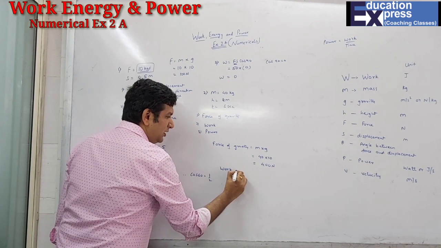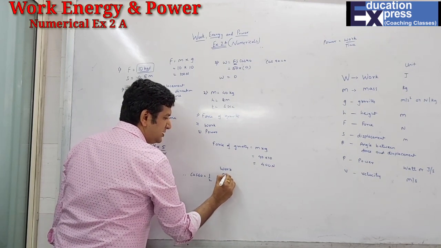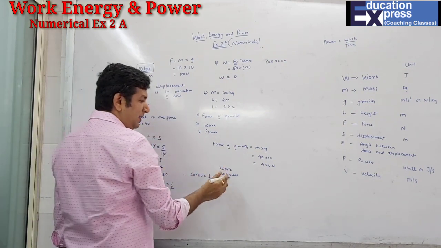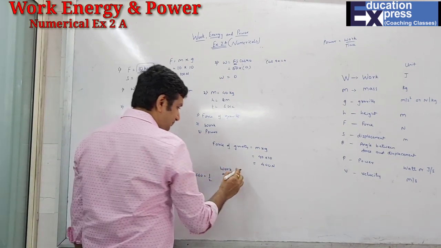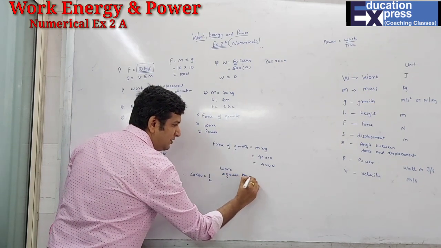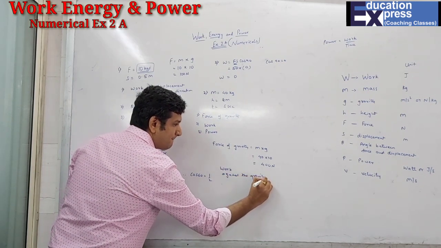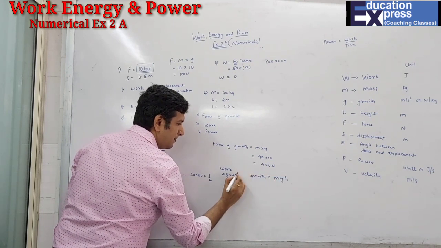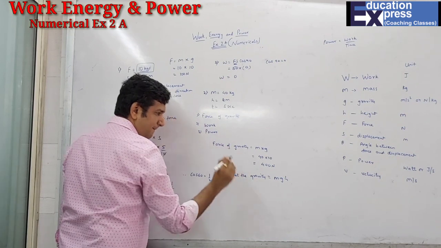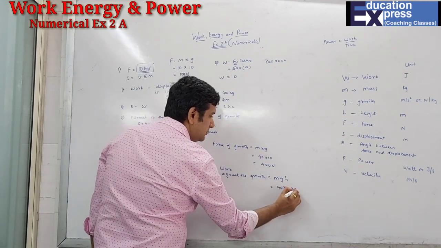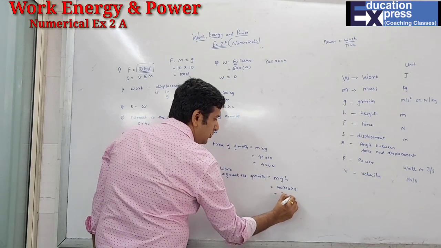Now the work done by the force of gravity. Students, it's against the gravity. Obviously, because the body is going upwards, so it's going against the gravity. So work done against the gravity is mgh. Mass 40, g 10, and height is 8 meters. 3200 joule.